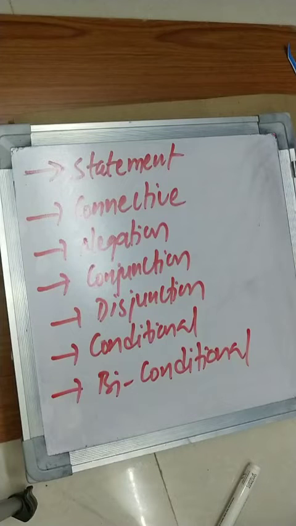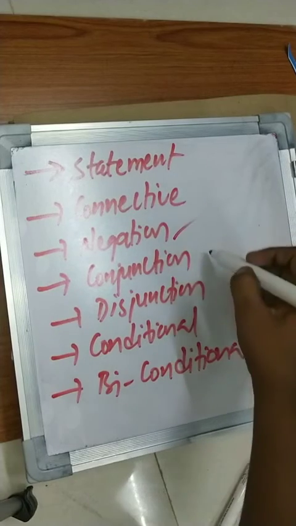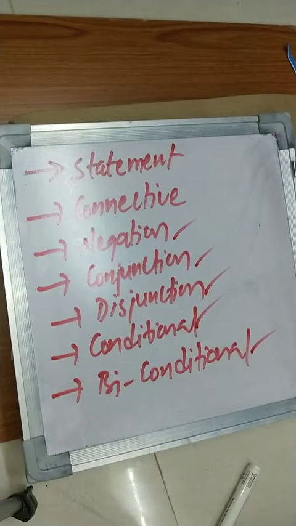I hope it is clear to everyone, and I would suggest you go through the whole video once again so that you get more clarity on how the truth tables of particular connectives like negation, conjunction, disjunction, conditional and bi-conditional have been formed, because based on this you will have the exercise problems I am going to give you today. Kindly note that.